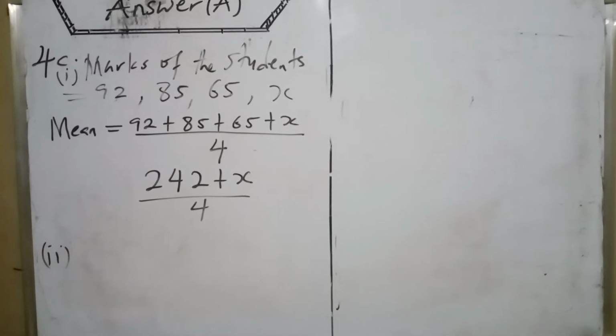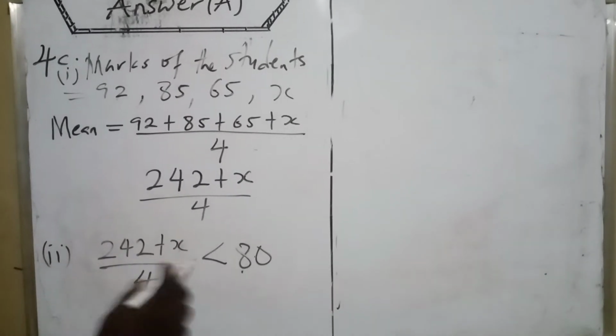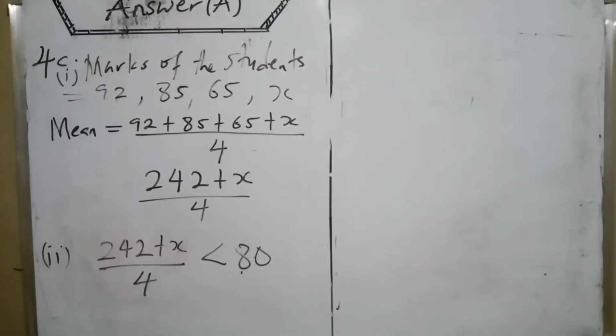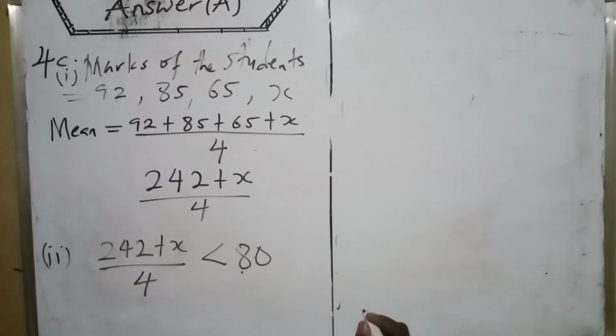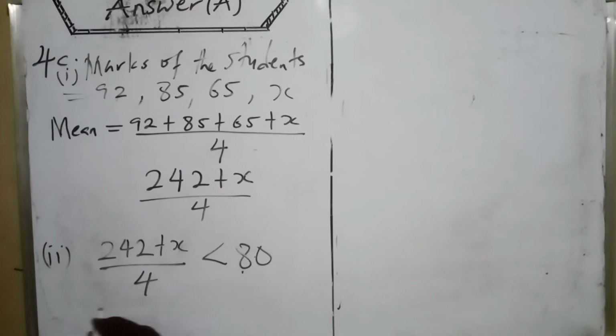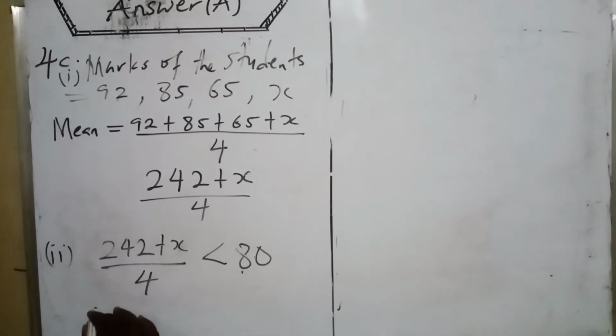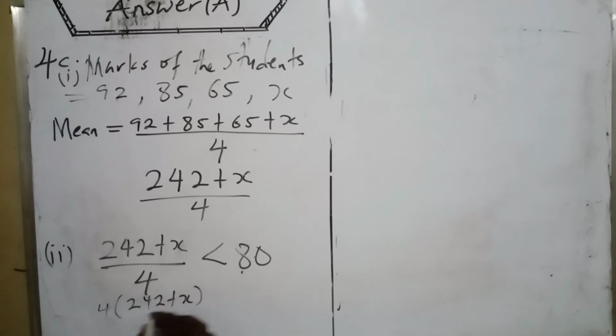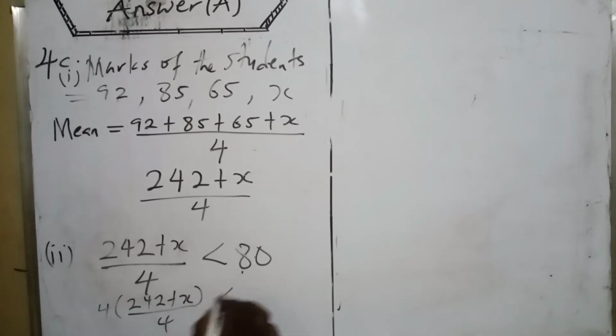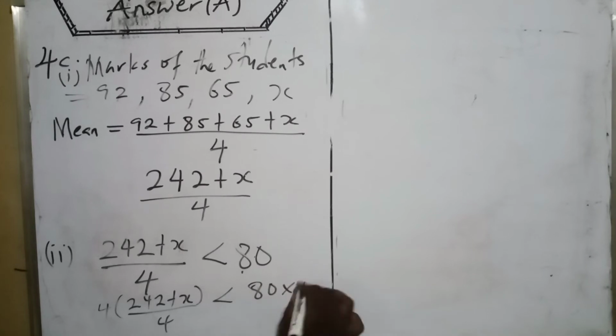So if the mean is less than 80, we try to multiply both sides of the inequality by 4. So multiplying both sides of the inequality by 4, we have 4 multiplying (242 plus x) all over 4, less than 80 multiplying 4.